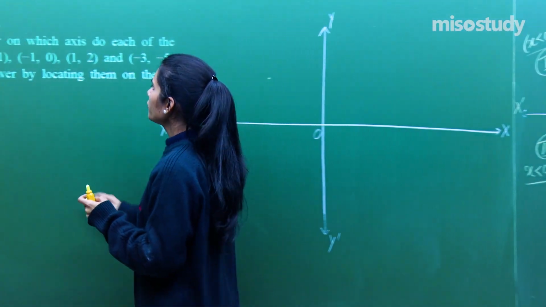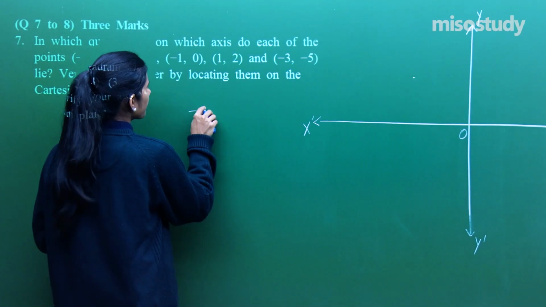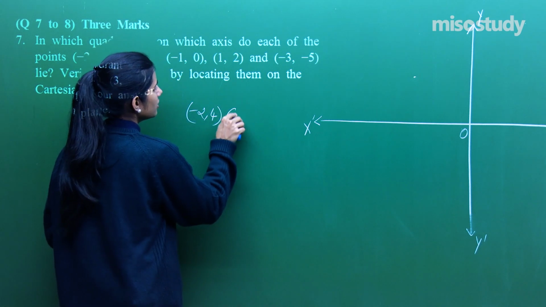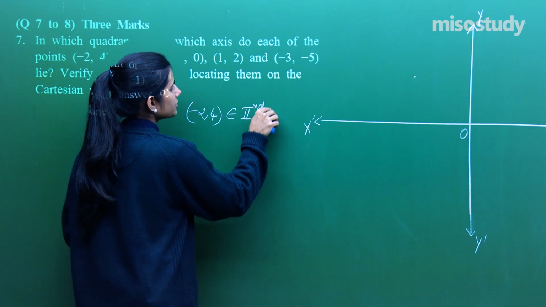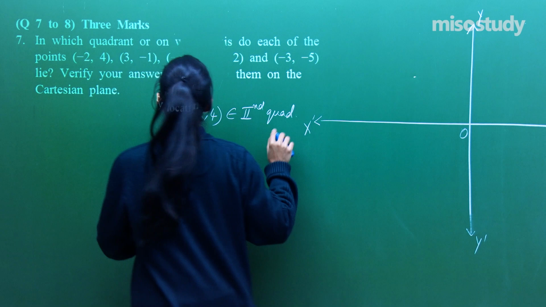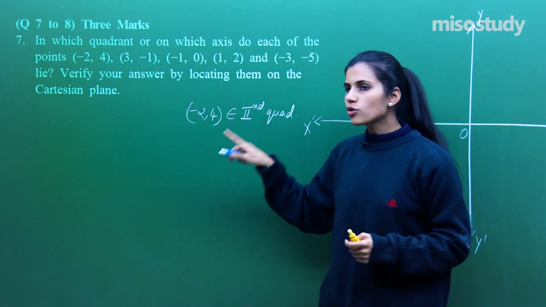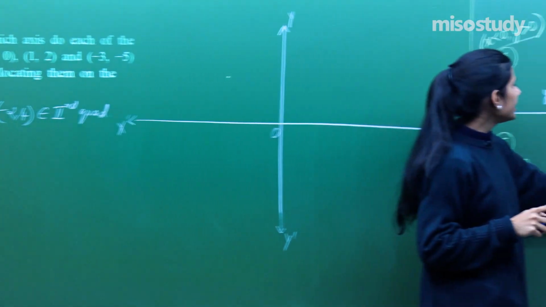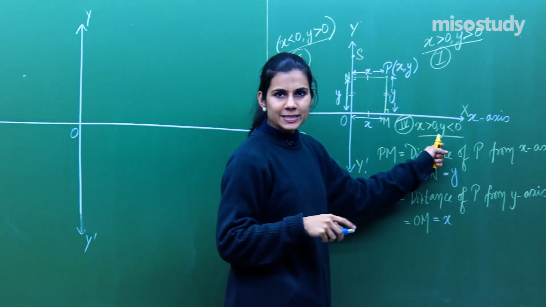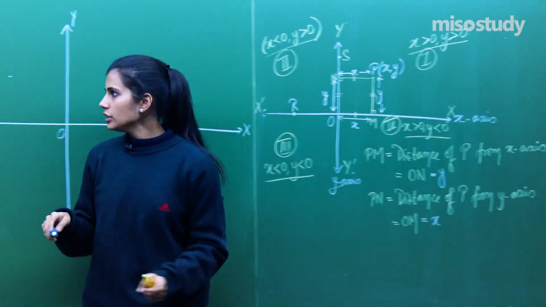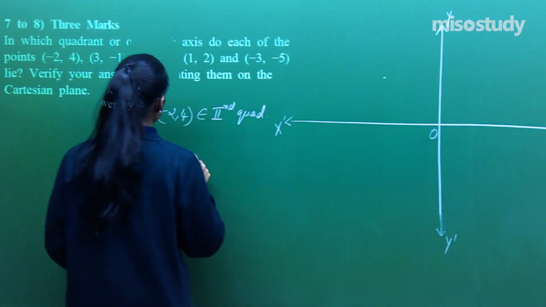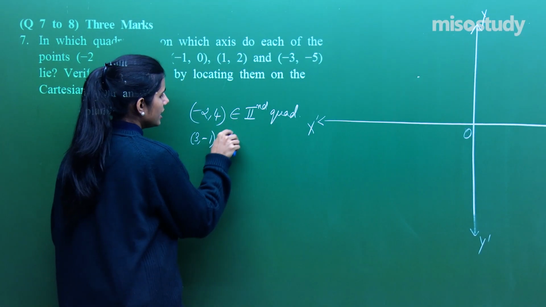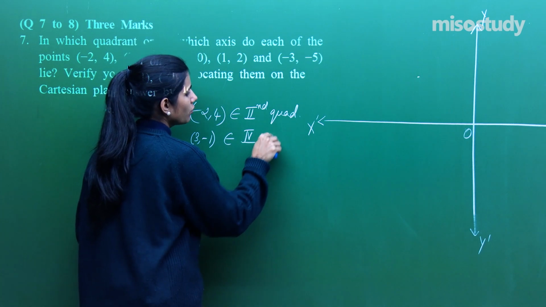So (-2, 4) lies in the second quadrant. Next is (3, -1), x coordinate positive, y coordinate negative. That means the point is lying in the fourth quadrant. So (3, -1) lies in the fourth quadrant.